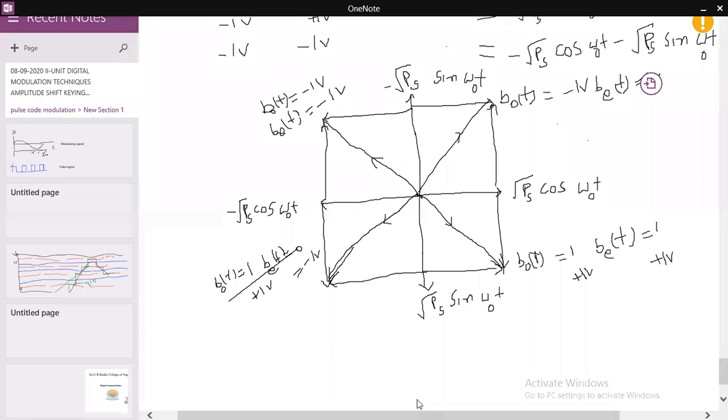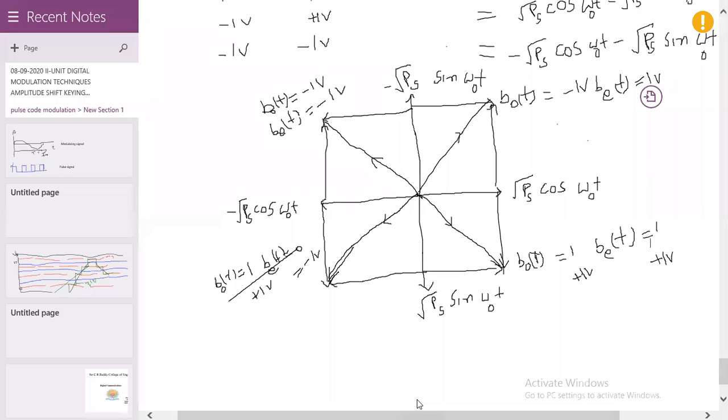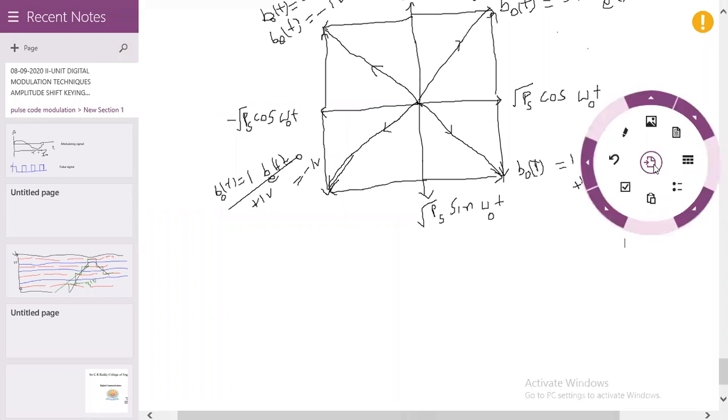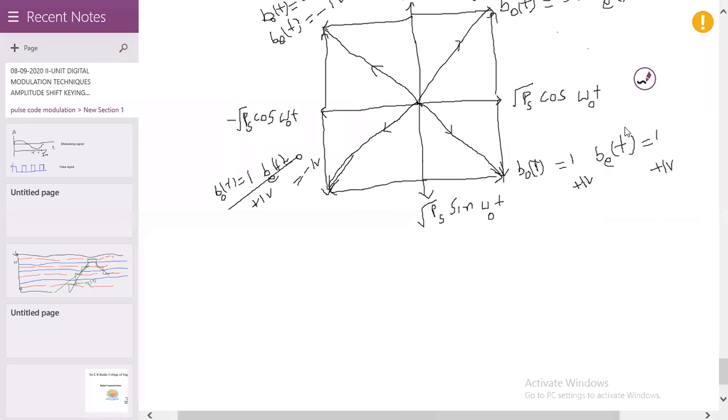Now, here we can observe, please listen carefully, this is one of the crucial points. This is a carrier signal. This is V naught of t.